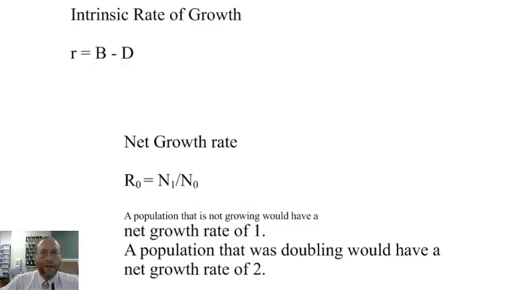And the thing to keep in mind there is that if the net growth rate is 1, that means the two population sizes are the same, so there is no growth at all of the population. If the population is doubling in that time, that means it would be 2. If the population is shrinking, then that answer would have to be a fraction, so it would be a decimal between 0 and 1.